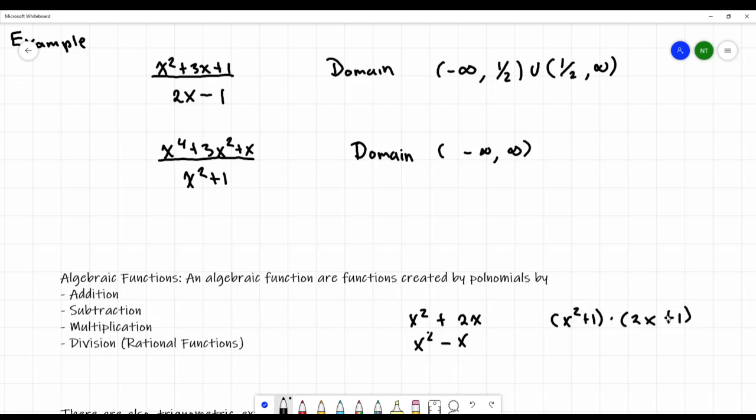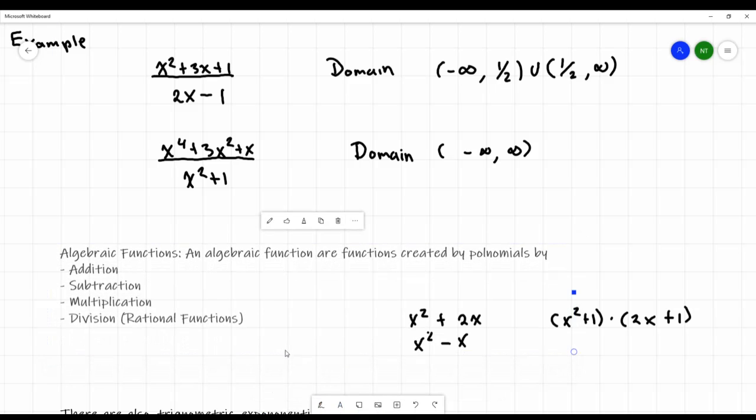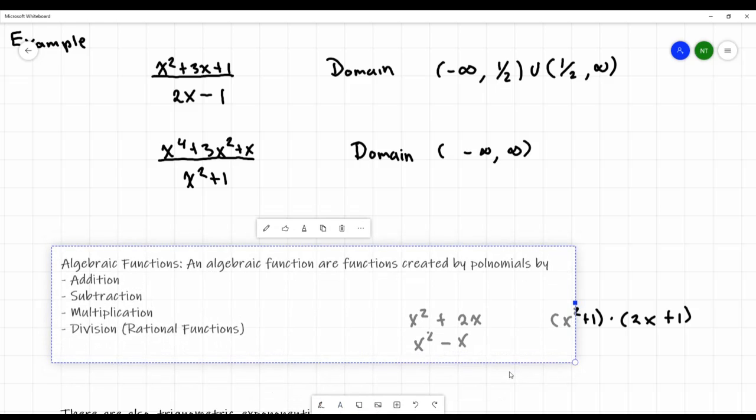These are two polynomials that we're multiplying, and the division is just rational functions, right? Rational functions are algebraic functions, just a special case of algebraic functions. That's it, guys. So let's move on.